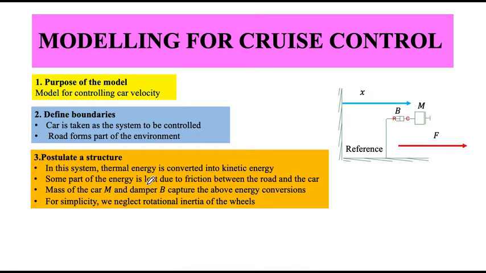Some part of the energy is lost due to friction between road and car. So the car would have a certain mass m, and since we already said that there are some energy losses, there would be some kind of damping element introduced in the model. And before we write down the relevant energy conservation or force conservation laws, and also to be a little simple to begin with, we neglect the rotational inertia of the wheels.